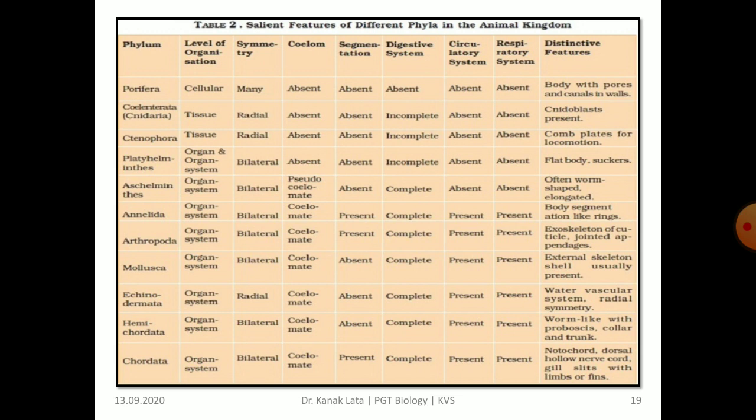This table is taken from the NCERT book, and here you can see the categories on which the different phyla are categorized: level of organization, symmetry, then coelom, then segmentation, digestive system, then circulatory system, respiratory system, and some distinctive features.